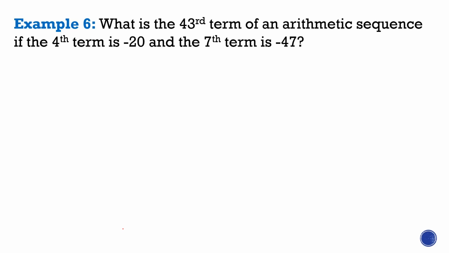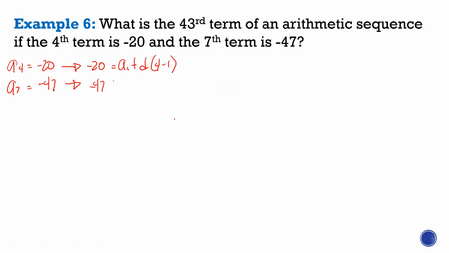Okay, let's start with A4 equals negative 20 and then A7 equals negative 47. A4 equals negative 20, that is negative 20 equals A1 plus D times 4 minus 1.